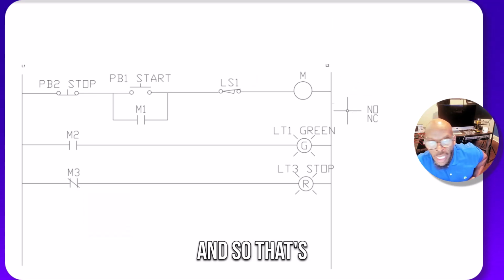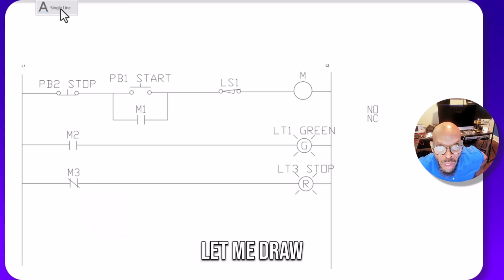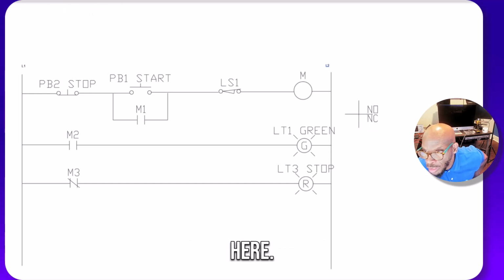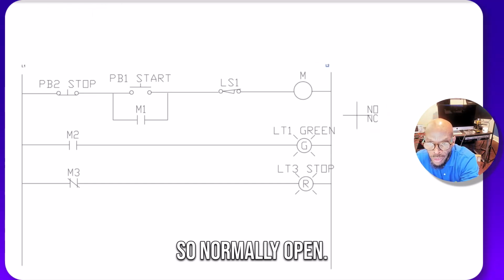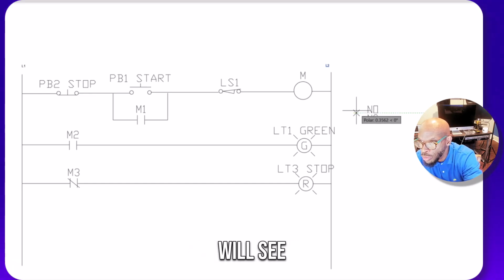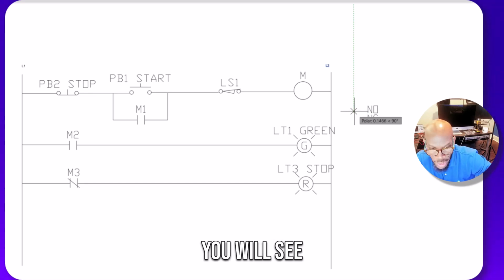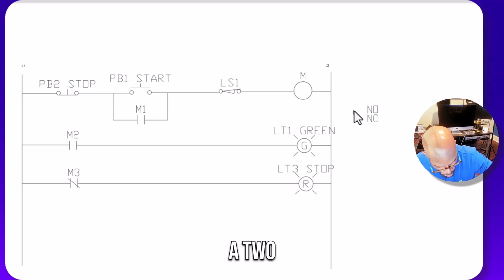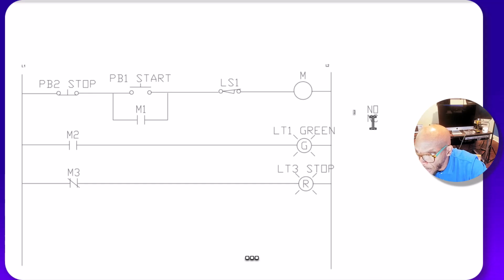And so that's the purpose for, let me draw you some numbers here. So normally open, this would be rung 2 and rung 3. So then you will see a 2 and a 3.